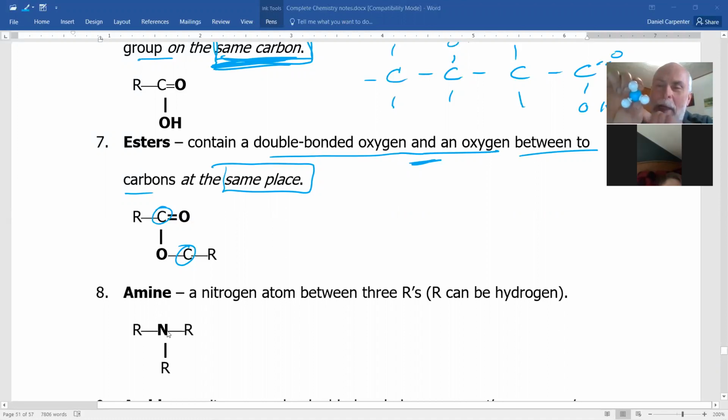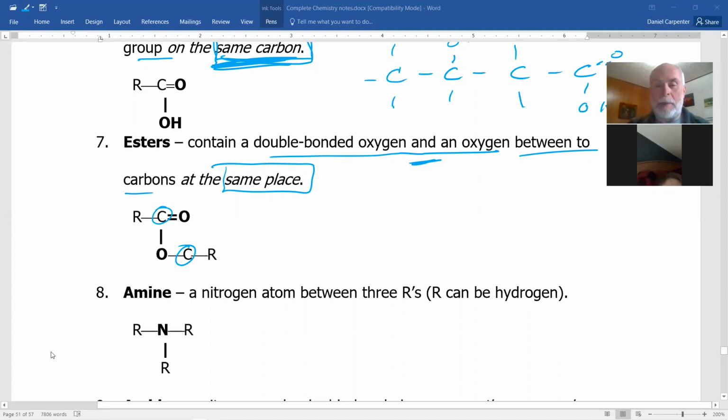These can't be 3 R's. This cannot be an amine because it is not a hydrocarbon, not even a substituted hydrocarbon, because there's no carbon on it. This molecule would actually be ammonia, not ammonium. That would be NH4 plus, but this molecule would be ammonia. All right.